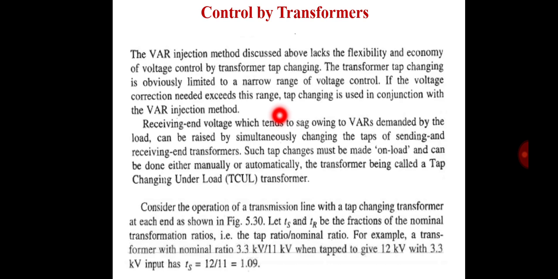For example, we have used a tap changing transformer with 0 to 230 volts. So we change the voltage below 230 volts. We only have a range of 0 to 230.